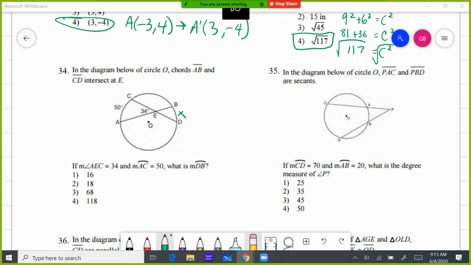Okay, so when you have two chords that intersect, then this middle angle right here, these vertical angles, is actually half of the sum of the two intersecting arcs. Okay, so the vertical angles is half of the sum of the arcs.